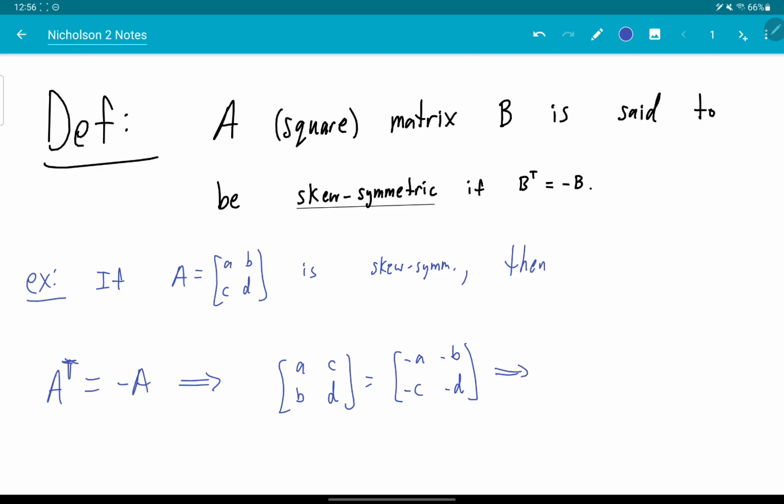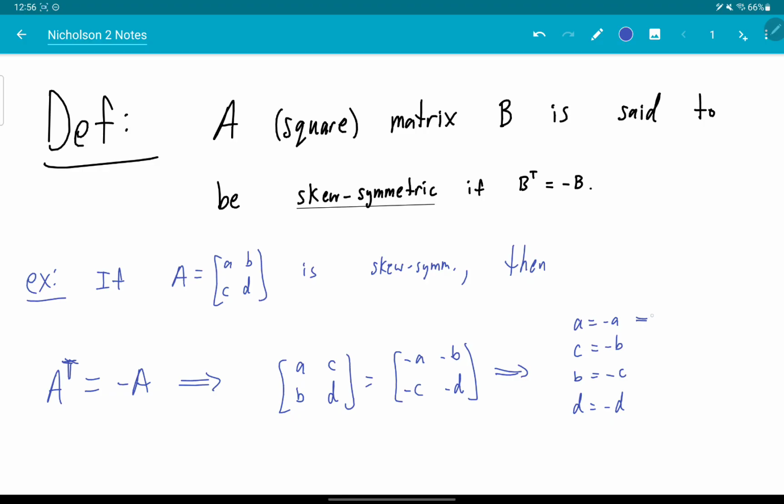So what I get here is that a has to be negative a, c has to be negative b, b has to be negative c, and d has to be negative d.